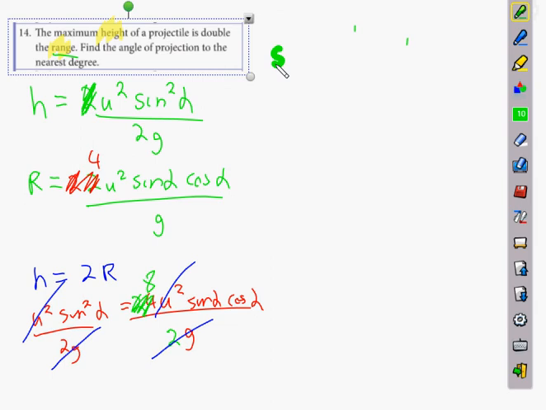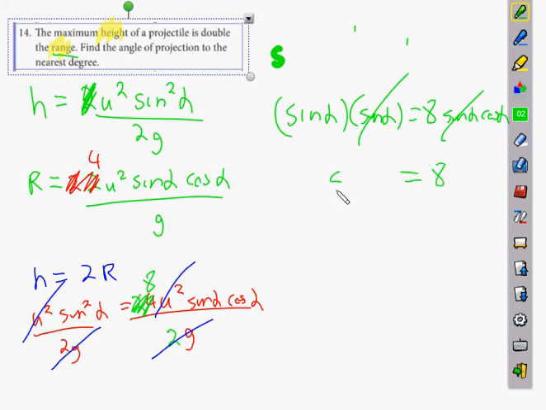So sine squared alpha basically means sine alpha multiplied by sine alpha. So sine alpha multiplied by sine alpha equals 8 sine alpha cos alpha. Sine alphas cancel. So 8 equals sine alpha divided by cos alpha.